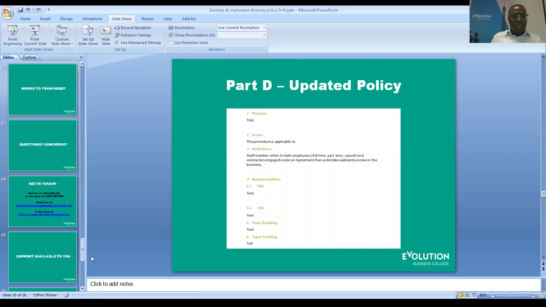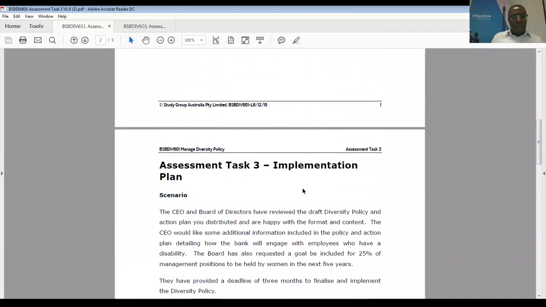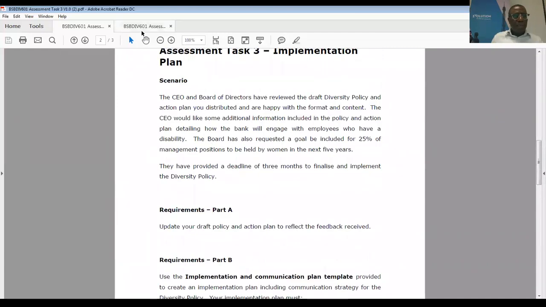We've already completed that. Now let's go to assessment 4. Assessment 4, new share, it's here, and it's here. That's still assessment 3.